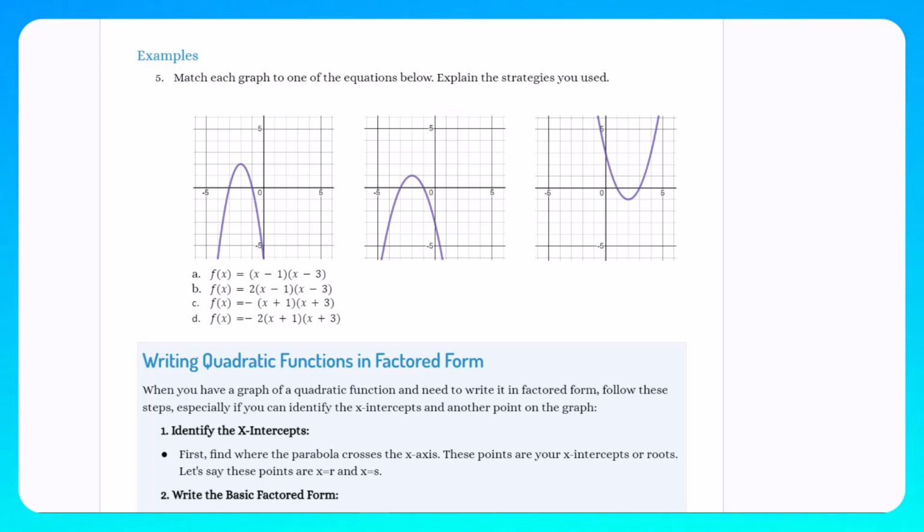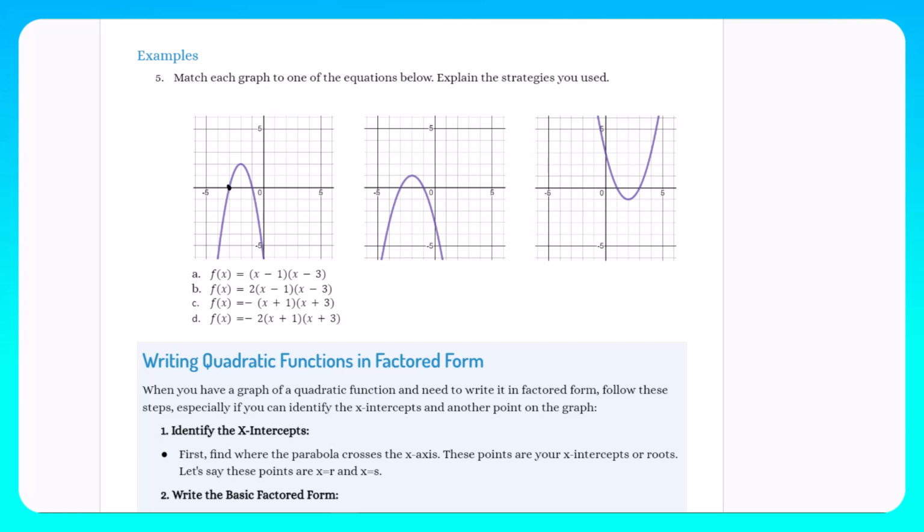So let's look at question 5. Match each graph to one of the equations below and explain the strategies we use. Well, we have a lot of new information about these things in factored form.